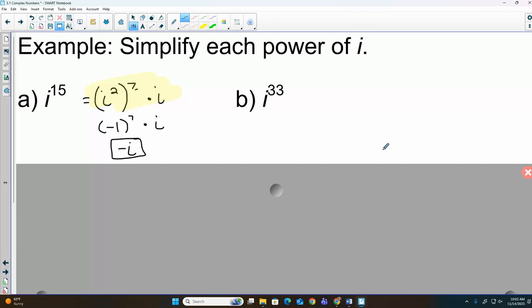So if I said i to the 33rd power, how would we rewrite that? So, right, 2 times 16 is 32, we need 33, so there's one more i left. i squared is negative 1. What happens if you take a negative to an even power?